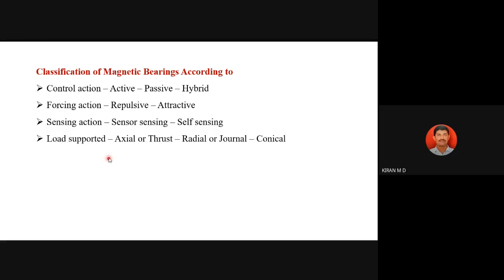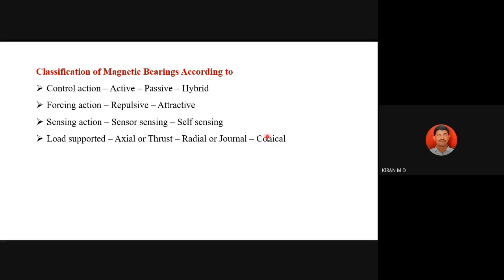Based on the load supported: the axial or thrust magnetic bearing is used to support the axial load or thrust load, where the load acts along the axis direction. Radial or journal magnetic bearings are used to support radial loads.